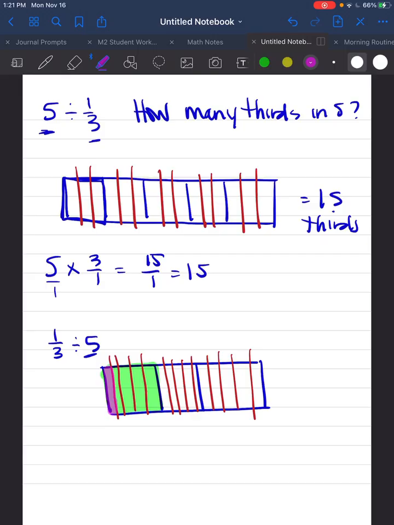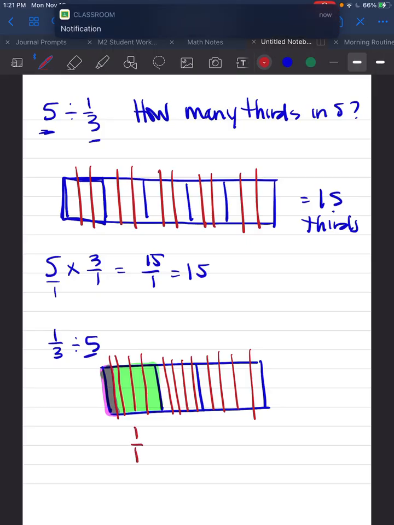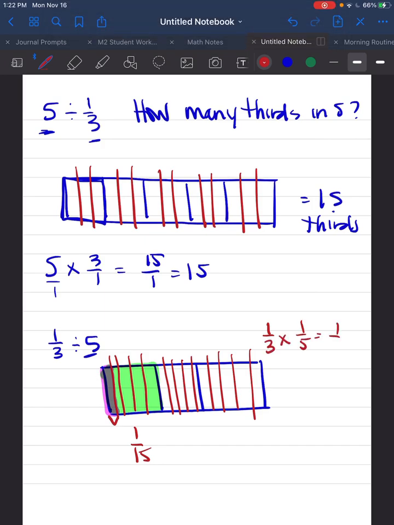One of those parts that I divided into 5 is worth how much of the whole? That overlap is 1/15 of the whole, because there's 15 of those in the whole tape diagram, and I'm looking at just 1. That's 1/15. So if I do my model, or if I do my math, and I say keep it, change it, flip it, I should get 1/15.